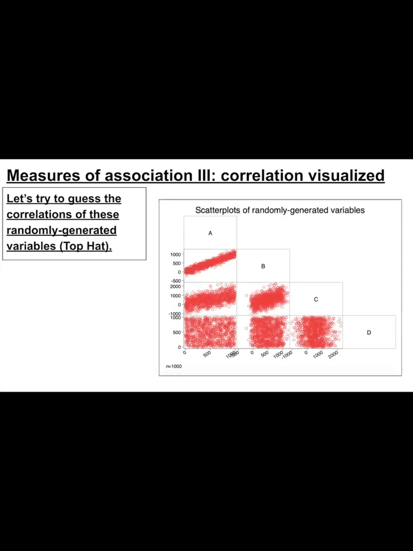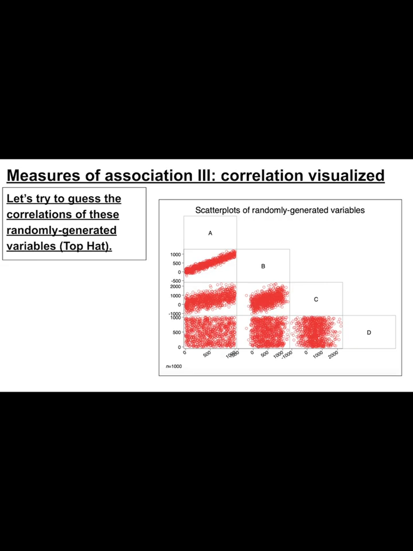So in this part of the lecture in class, I go to Top Hat and ask people to guess the correlations of these randomly generated variables. And you might take a look at this and take a best guess. I would say that for the correlation between A and B, that looks pretty strong. I would guess between 0.8 and 0.9. Again, just using my facts that it's positive, it's bounded between -1 and 1, so that means it's bounded between 0 and 1, and it looks strong, so I would guess it's closer to 1 than 0.